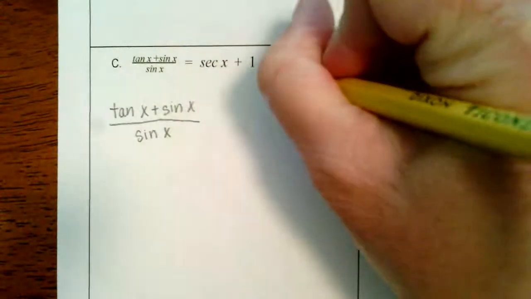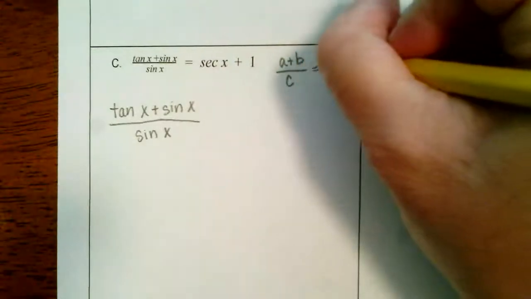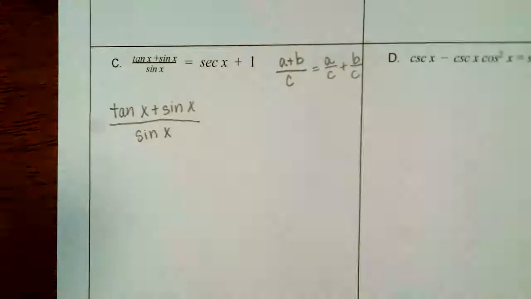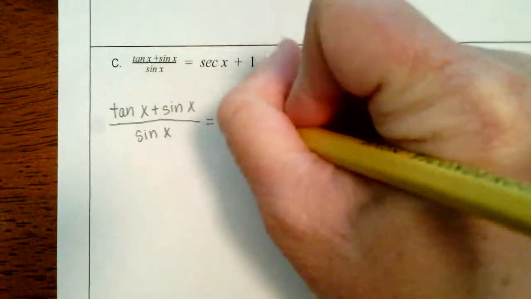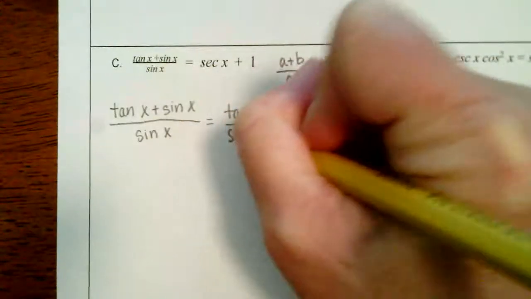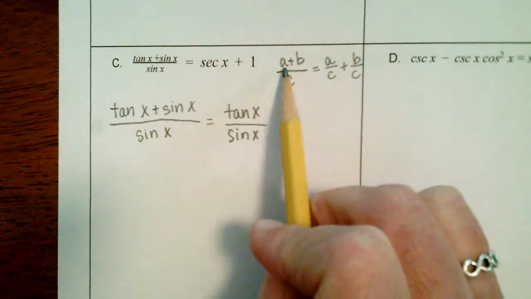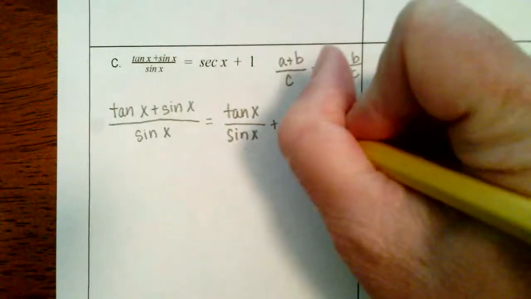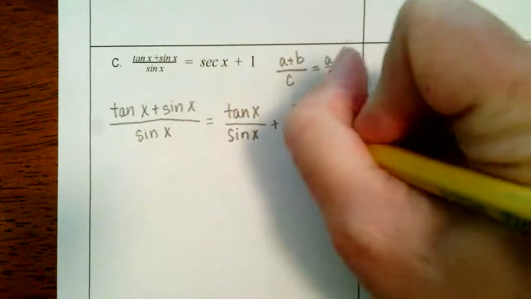If you have a fraction a plus b over c, that's equivalent to a over c plus b over c. Okay, so I'm just going to split my fraction. So I get tan x over sine x. Okay, so that's the first, what came before the plus sign over the denominator, plus what came after the plus sign over the denominator.